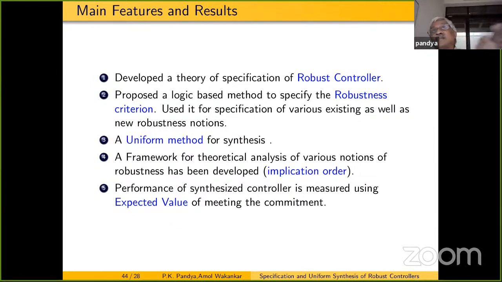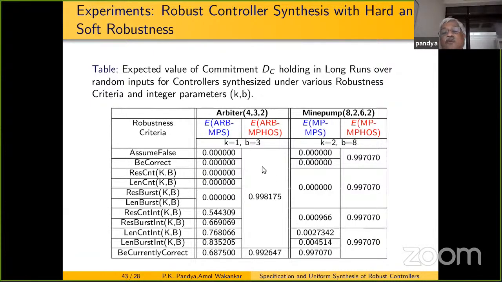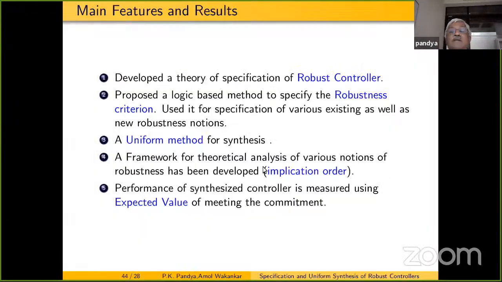We are able to actually synthesize controllers under these different robustness criteria and to compare them for how effectively they are meeting the commitments, the expected value of meeting commitment in the long run under random inputs or under input sequences which are specified by, let us say, a finite state Markov chain. So we can do this kind of performance analysis, and so we are able to say some criteria are better than others. What is the impact of soft robustness, etc. So all this was done. So that is what we have done.